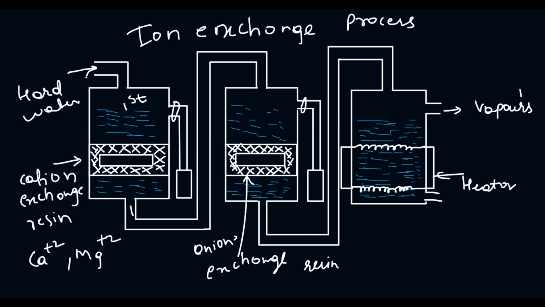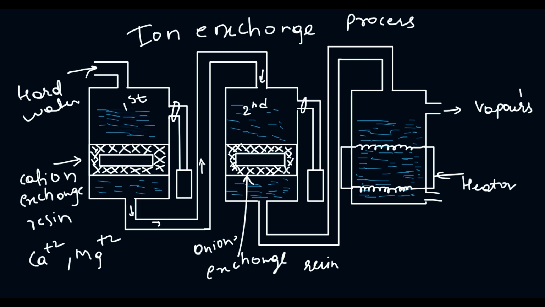Then the water goes from here and enters the second column. In the second column, all the anions are exchanged. That is, all the anions are absorbed over there.